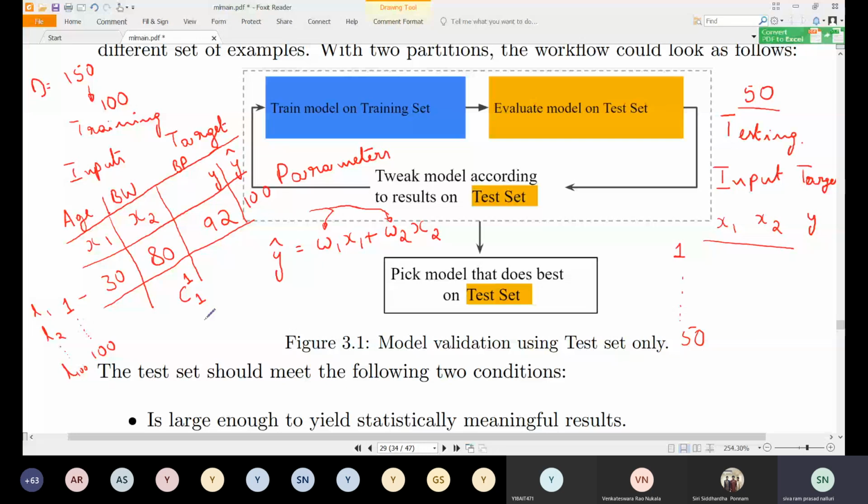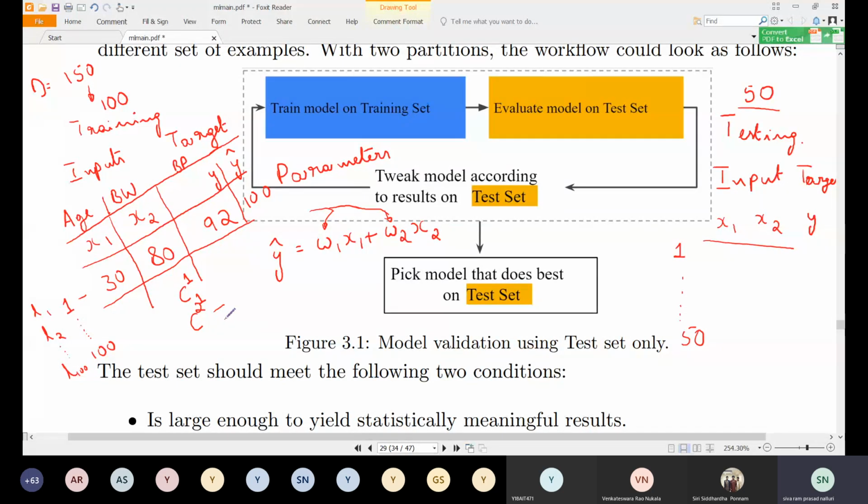So in the second iteration, again we calculate the cost. Okay, still the cost will be very high. What we do, again we update the weights or parameters.